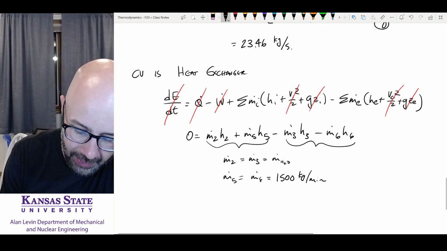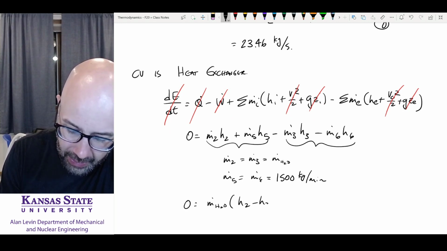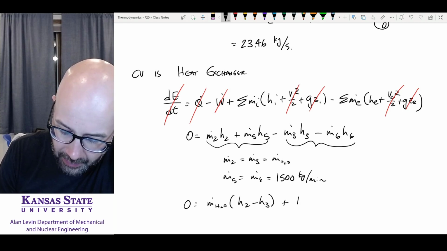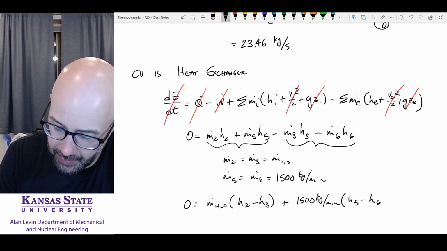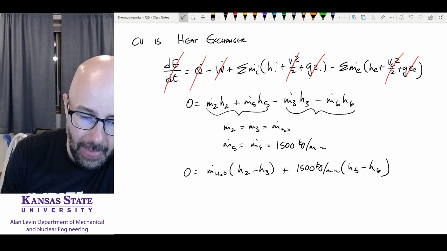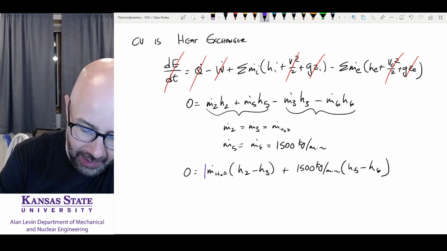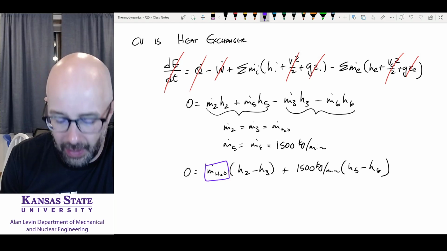And so I'm going to rewrite this as this. 0 is equal to the mass rate of the water times H2 minus H3 plus 1,500 kilograms per minute times H5 minus H6. Okay? Now, I know this. I just calculated the mass rate of my H2O. I know this.